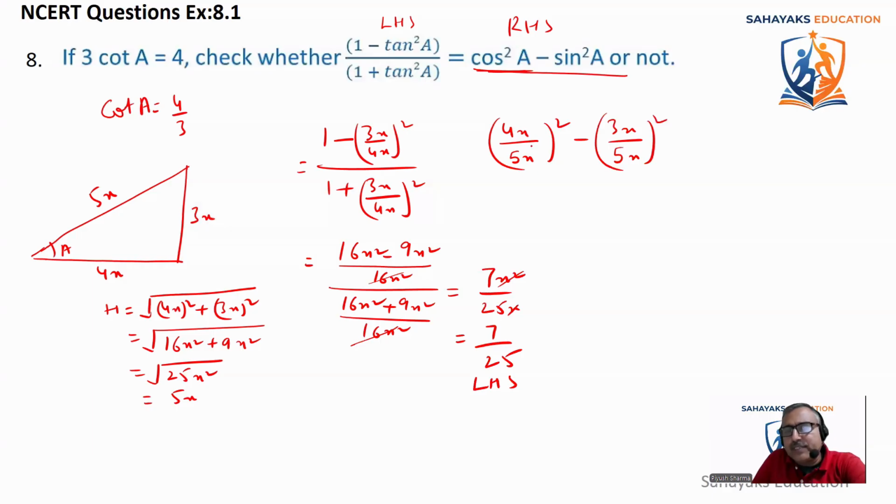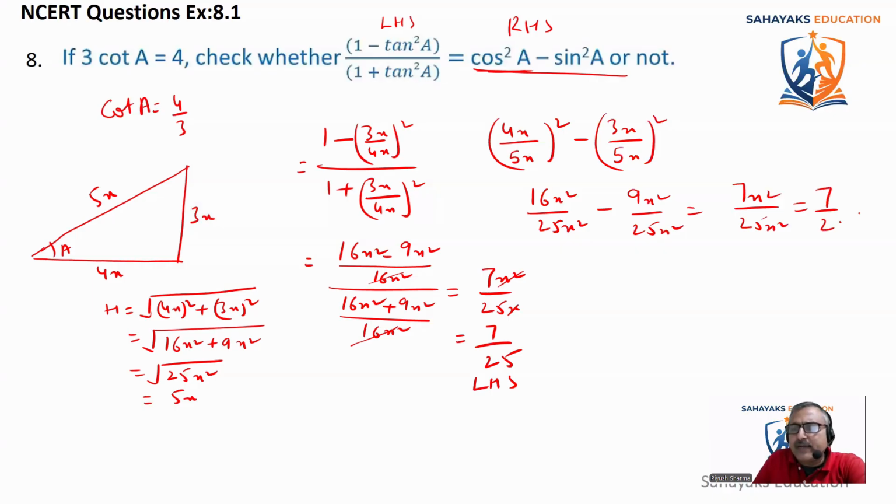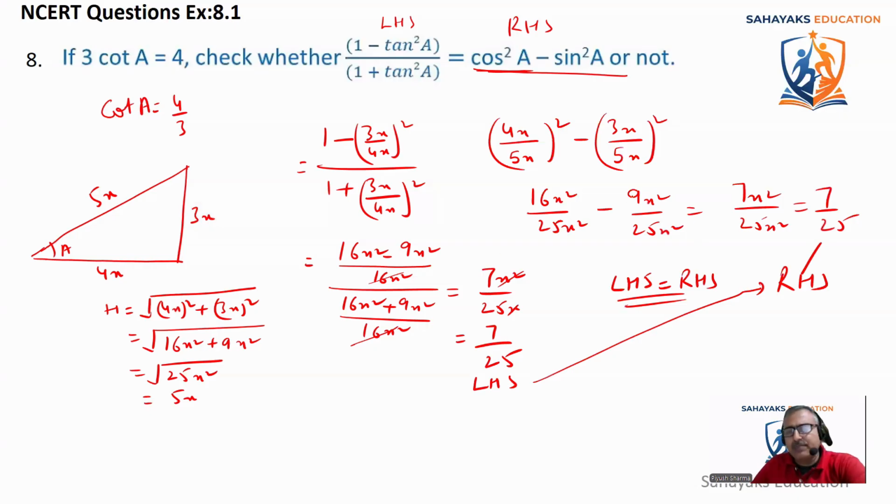Now if we do the square of both the sides, it becomes 16x square by 25x square minus 9x square by 25x square. What is 16 minus 9? That comes out to be 7x square by 25x square. So x square will cancel out. It will become 7 by 25. And this is the right hand side. So left hand side is equal to right hand side. So LHS is equal to RHS. So we can say both the sides are equal.